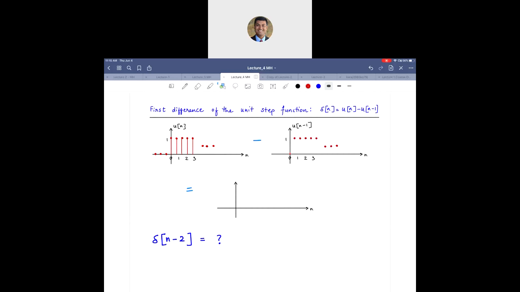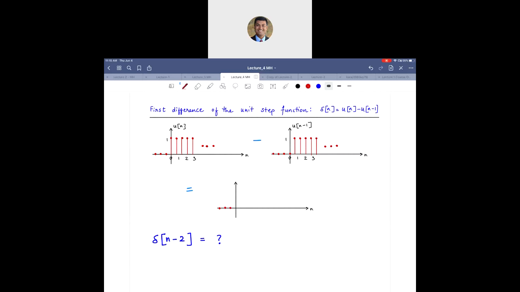And everything else is going to be 0, red. Now, when I subtract them, what do I get? For time less than 0, everything is 0. So that's not a problem. I can just put a 0 there. For time that is 1 and greater, 1, 2, 3, and so on, I have 1 minus 1, 1 minus 1, 1 minus 1.